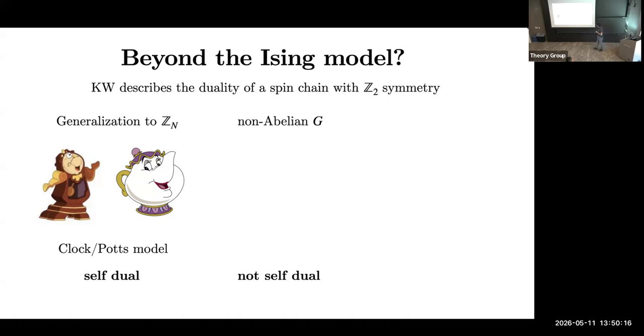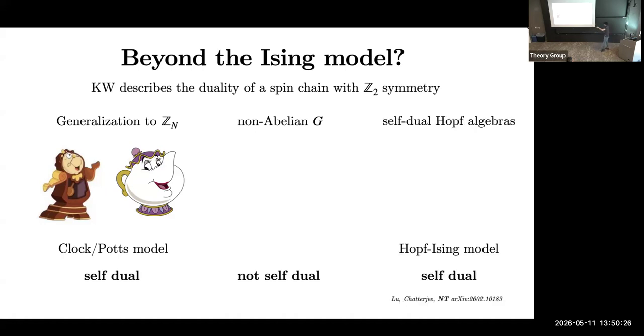So it turns out that in order to get a self-dual model, we have to move beyond groups. And the natural language turns out to be something called self-dual Hopf algebras. I'm going to explain a bit why this is a natural generalization. What we construct is a lattice model in a tensor product Hilbert space, which we call the Hopf-Ising model.